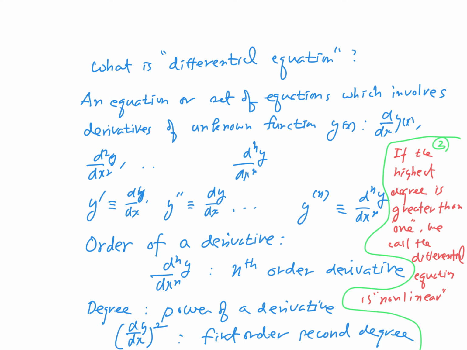This is part 2. In part 3, we will focus on linear differential equations. Linear means the highest degree is 1, okay?